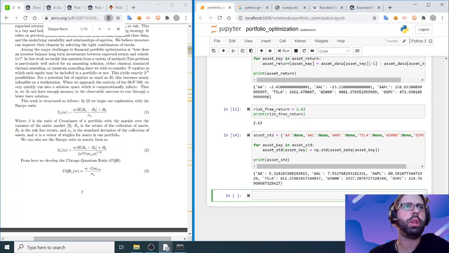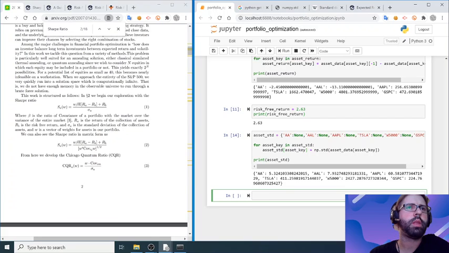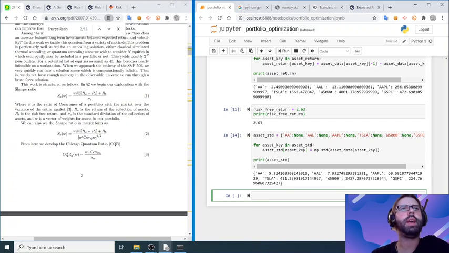Standard deviation of the collection of assets. Then we develop. Okay, I don't get it. I feel so stuck. It's been half an hour, and it's gone through just these.